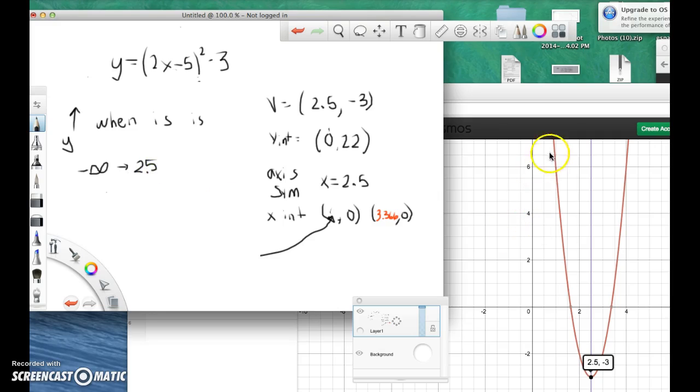So any negative number, basically anything less than 2.5. So the old way you would write this would be, when x is less than 2.5.